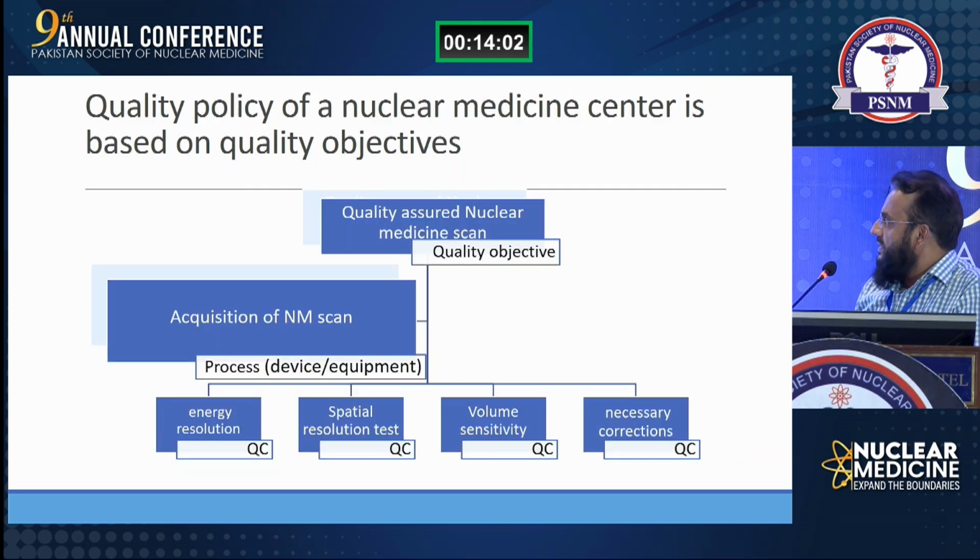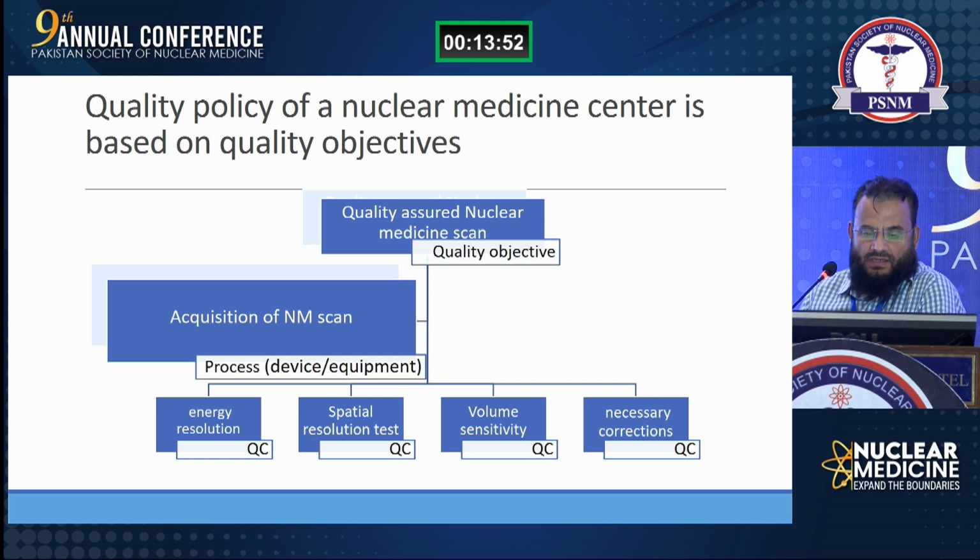Let's try to understand this concept with the help of an example. Let's suppose the quality policy of a nuclear medicine center is based on quality objectives. A quality assured nuclear medicine scan is the quality objective of a nuclear medicine center. Under this quality objective, there are a few processes.